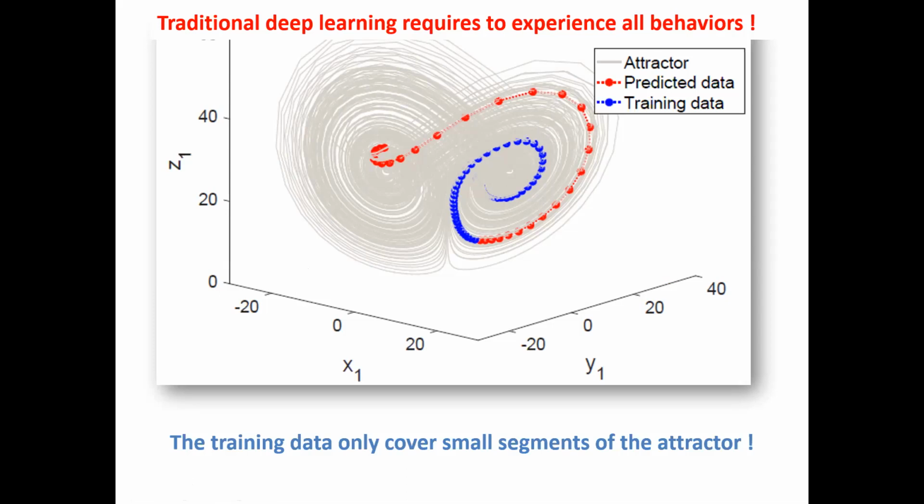So that is intelligence. In this case, we only observe very limited local behavior, but we want to predict the behavior not experienced. That's why we can say deep learning may not make it.